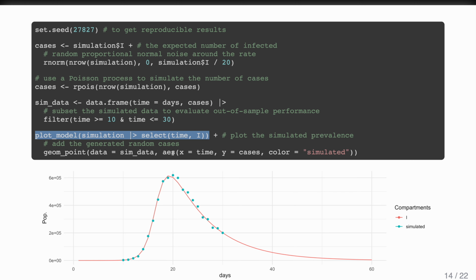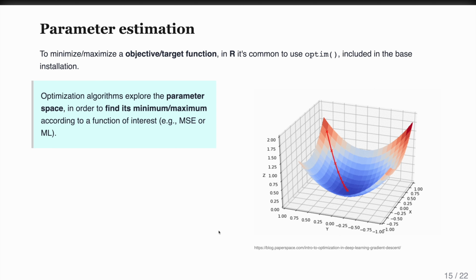And then again, using aes, we can set up some extra information. And we have here a nice overlay of the average trend and the simulated random data that we actually observe in real life.